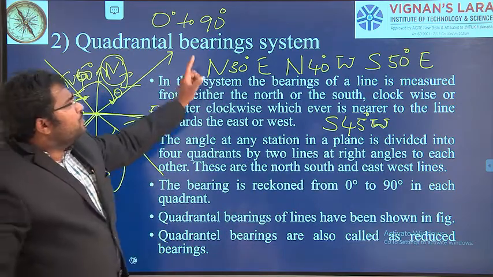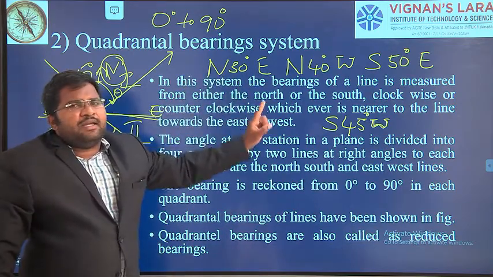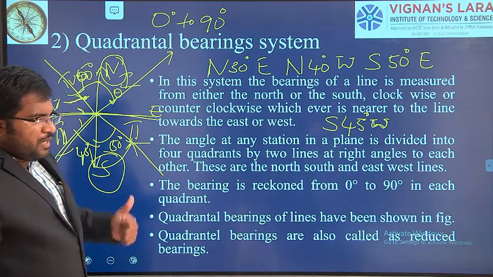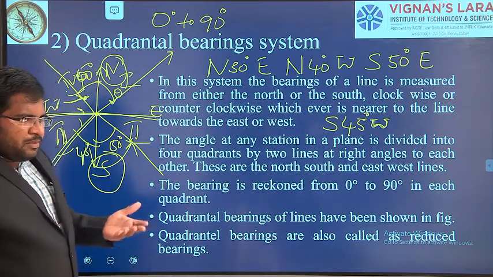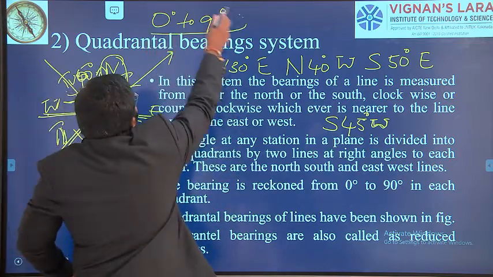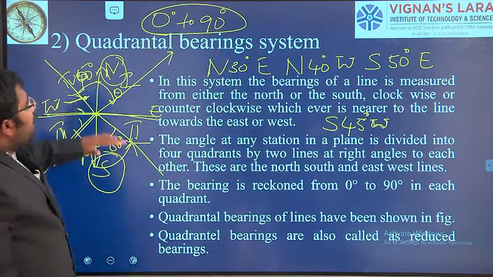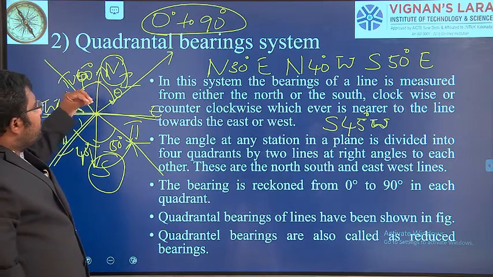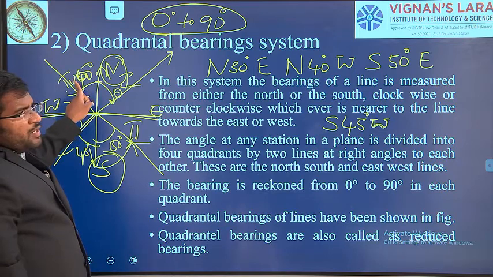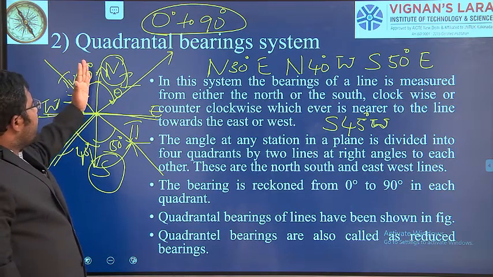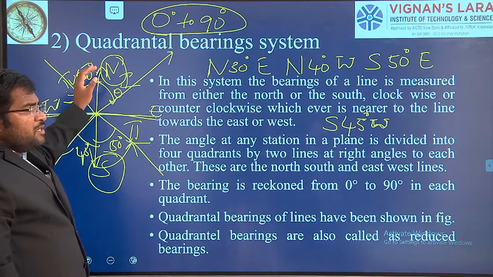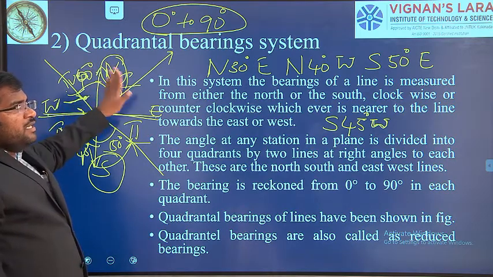Like this we are going to represent each and every angle in the quadrantal bearing system. The first thing to remember is that the angle value will be 0 to 90 only. If the line or angle is in the first quadrant or fourth quadrant, or near the north direction, it will be represented in terms of north, and then east side or west side.